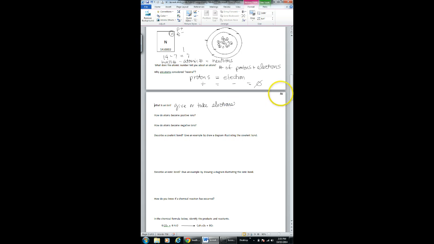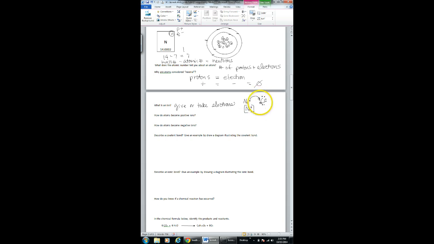So if you have an element like sodium, which has 1 on its valence shell, because it's in group 1, and you have chlorine over here, which has 7 in its valence shell. Sodium can give 1 to chlorine. When it loses an electron, it's going to have more protons than electrons, so it's now going to be a positive ion.